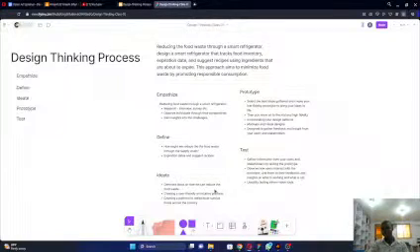Then after sketching your ideas, you move on to the mid fidelity. We'll be talking about that, but let me just brief you. The mid fidelity is like a grayscale of your design. It looks like your high fidelity, but not with color. You are not considering design elements like that.